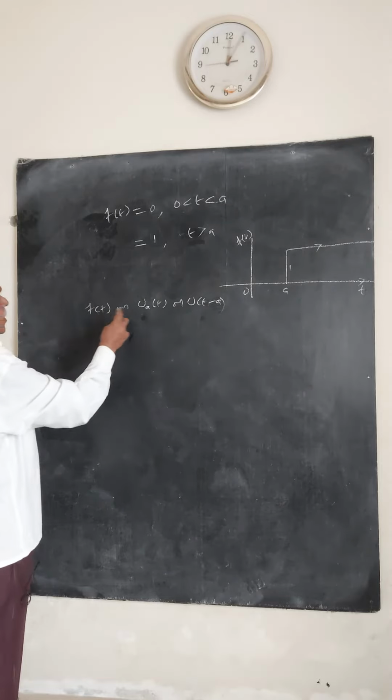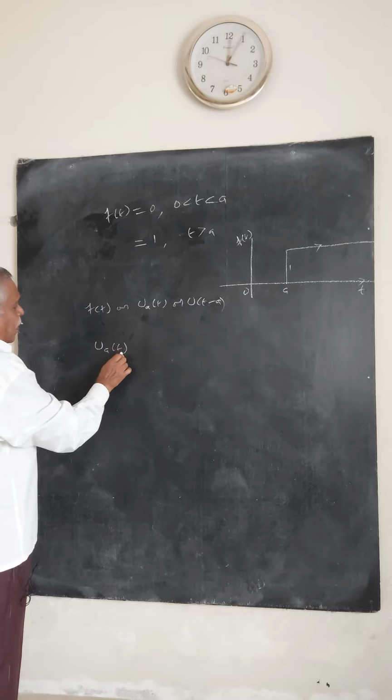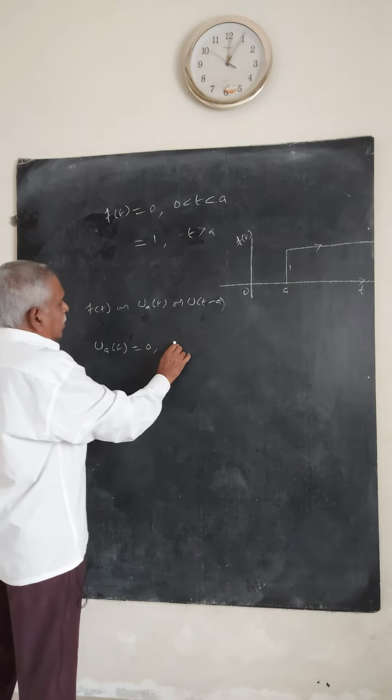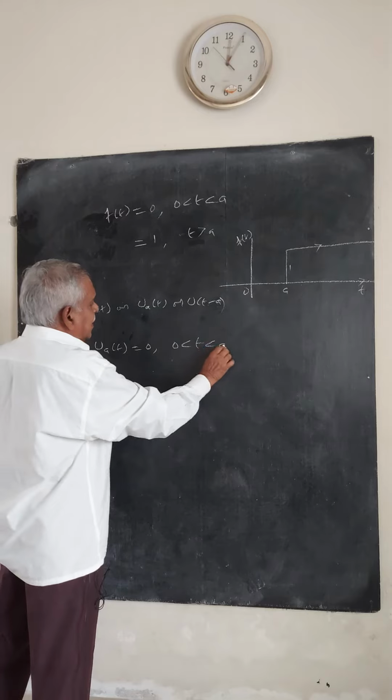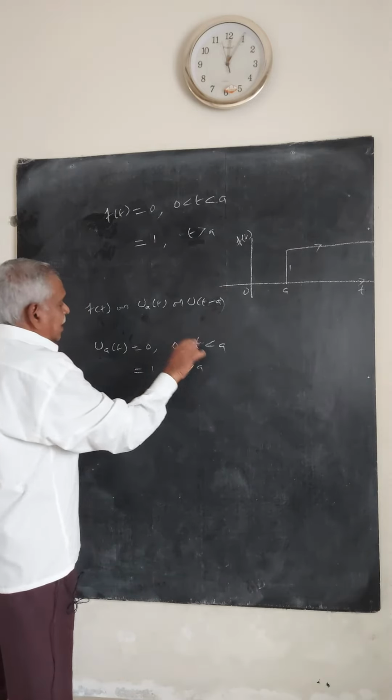We can write this like this: instead of f(t), u_a(t). u_a(t) equal to 0 for 0 less than t less than a, equal to 1 for t greater than a.